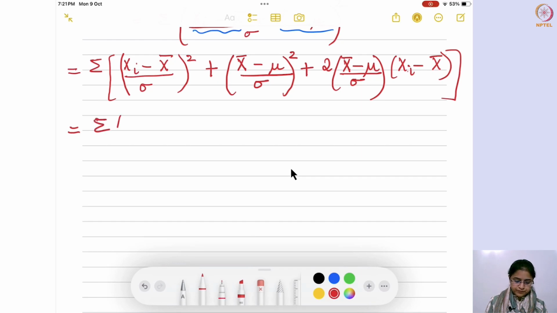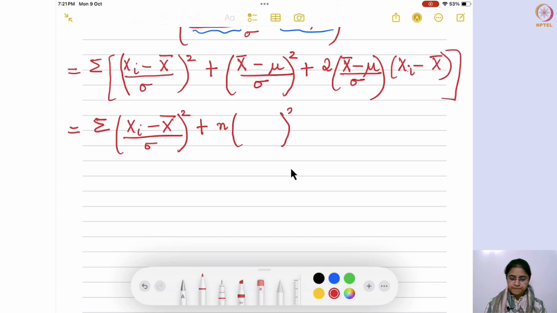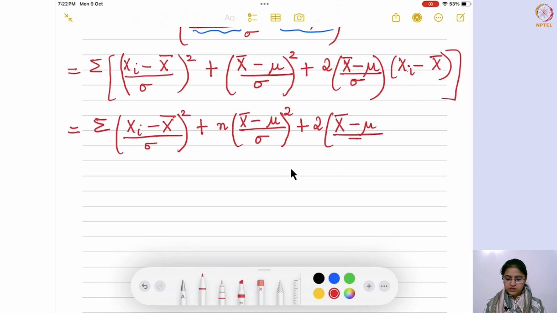Summation (xi minus x bar) by sigma whole square, plus the second term, which will be n times of this, plus twice (x bar minus mu) by sigma.